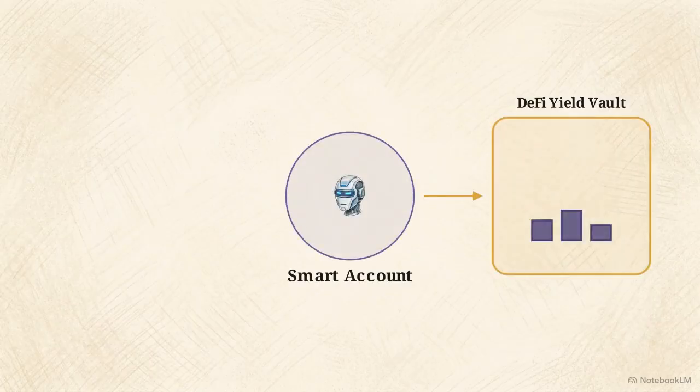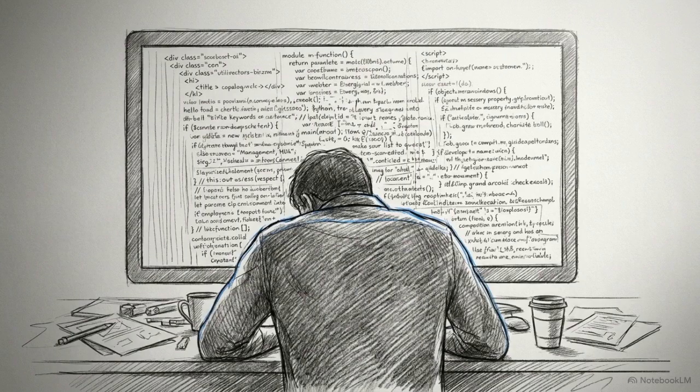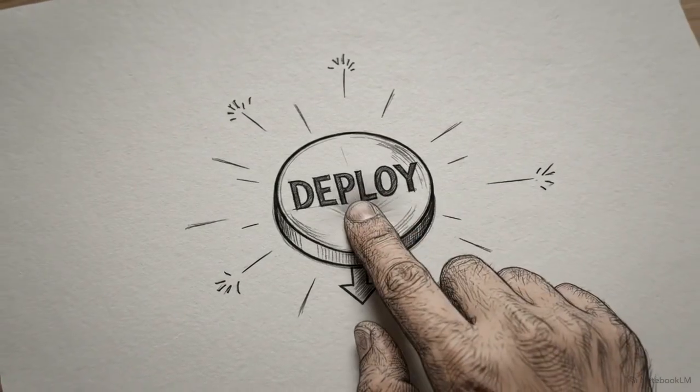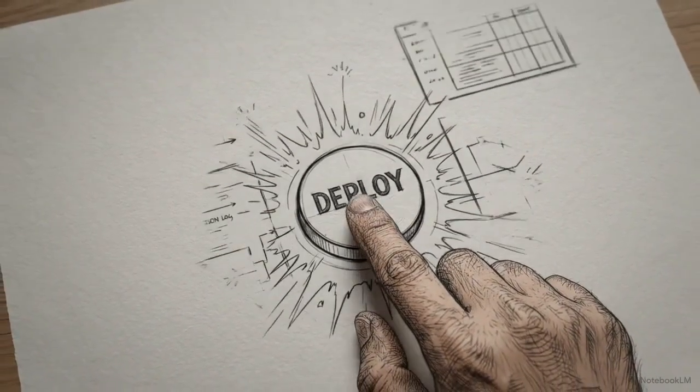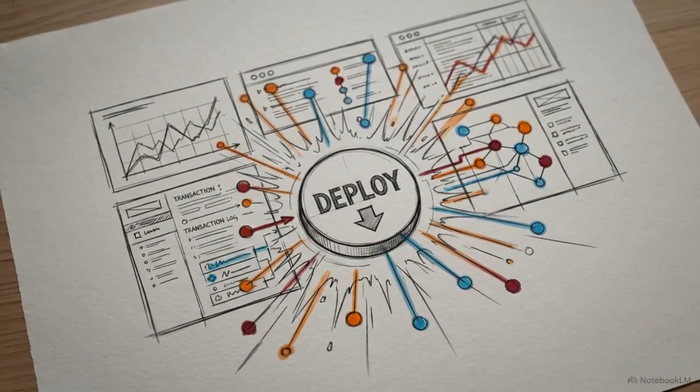Prompt the AI to expand the smart account logic to automatically route those incoming funds into DeFi yield vaults or to rebalance collateral based on live price feeds. The manual coding of basic functions is rapidly becoming obsolete. The builders succeeding in Web3 are operating as system architects, using AI to rapidly prototype, test, and deploy evidence-based, verifiable economic automation at scale.